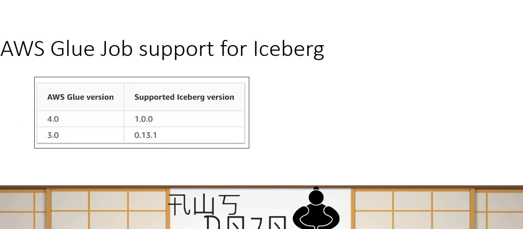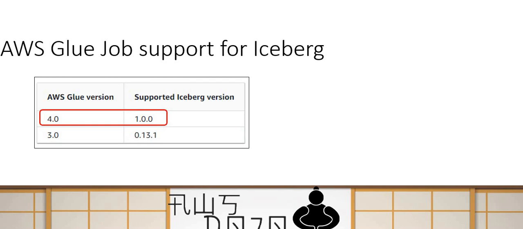So moving forward. When you're trying to work with Iceberg tables, Glue version 3.0 or 4.0, any of that works, but they work with a specific Iceberg version as shown on the screen. Today I'm going to talk about Glue version 4.0 only. One of the primary differences other than Iceberg version is that in Glue version 4.0, in order to support concurrent write scenarios, Glue 4.0 implements its own optimistic locking mechanism.